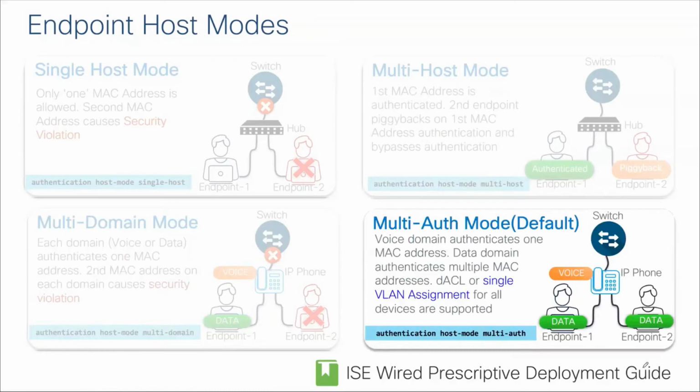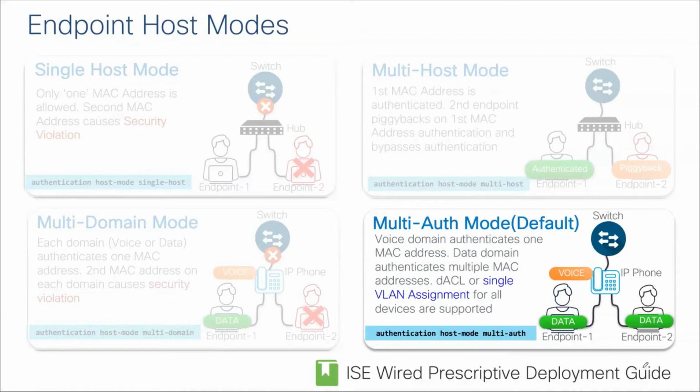maybe you want to have different restrictions on endpoint 1 versus endpoint 2 in the same data VLAN. So can you do that using access control lists? Does your switch support access control lists? Or can you even do a scalable group tag assignment and perform the software-defined segmentation right there at that port?